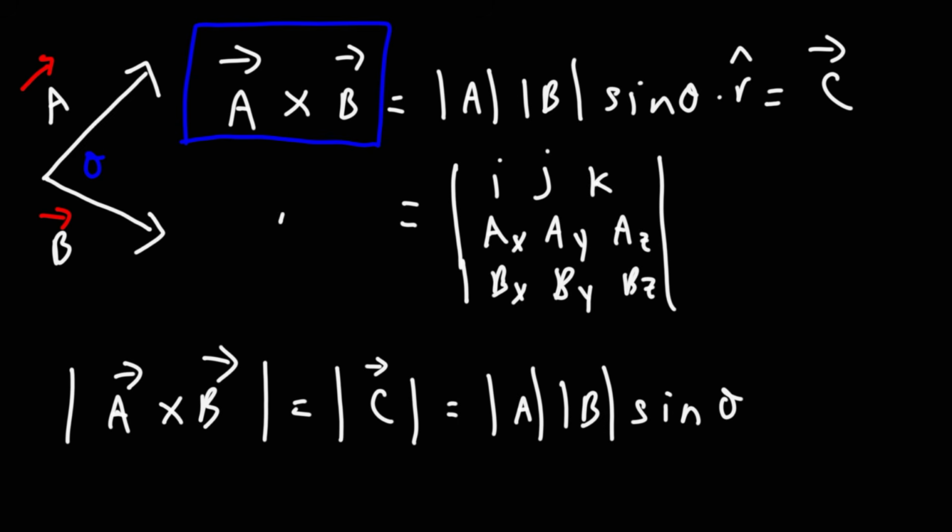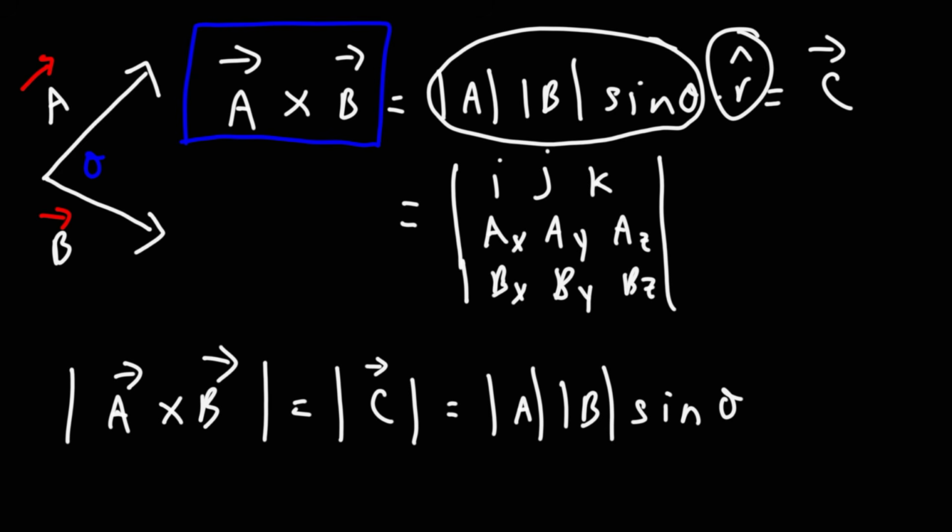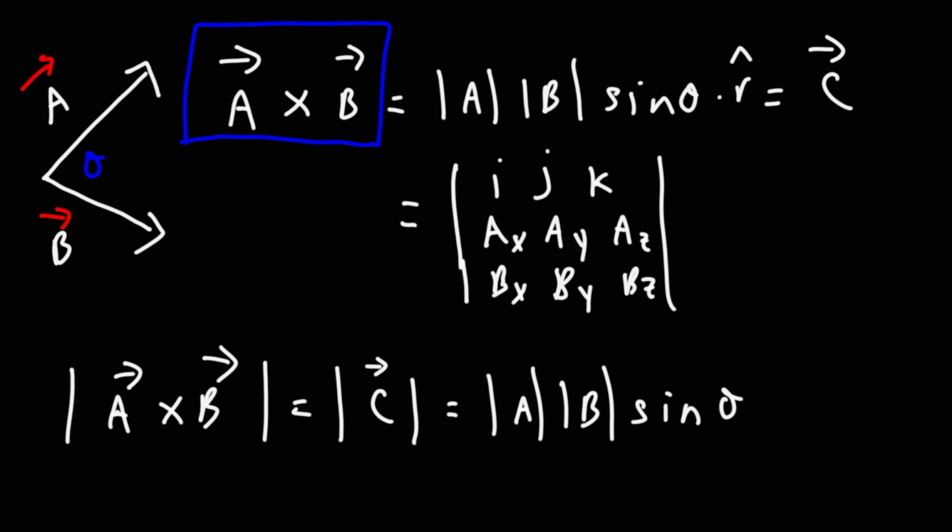But because I don't have the absolute value around it, I need to put the direction for this vector as well. So this part is the magnitude of the new vector C, and the unit vector gives the direction for vector C. We'll talk more about unit vectors soon, because there's another formula you need to be familiar with.